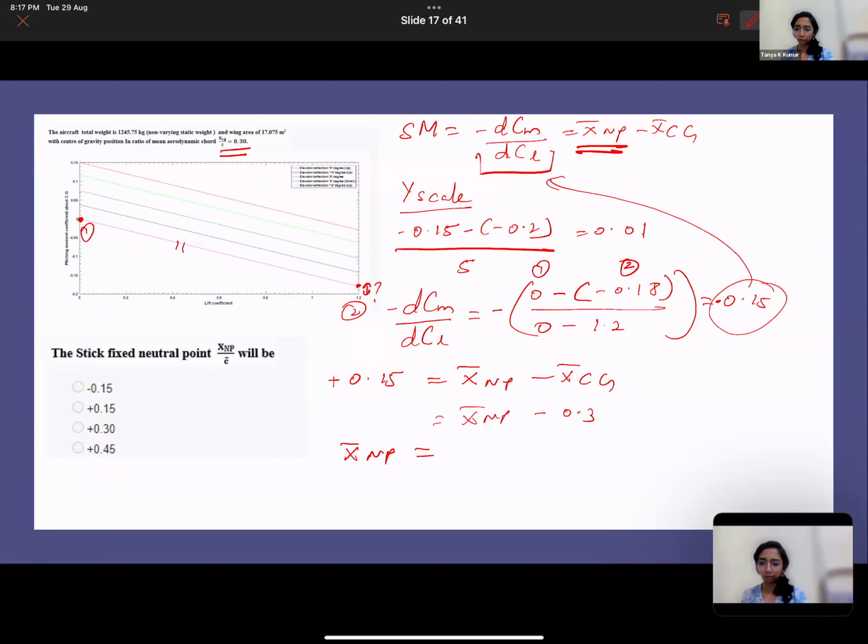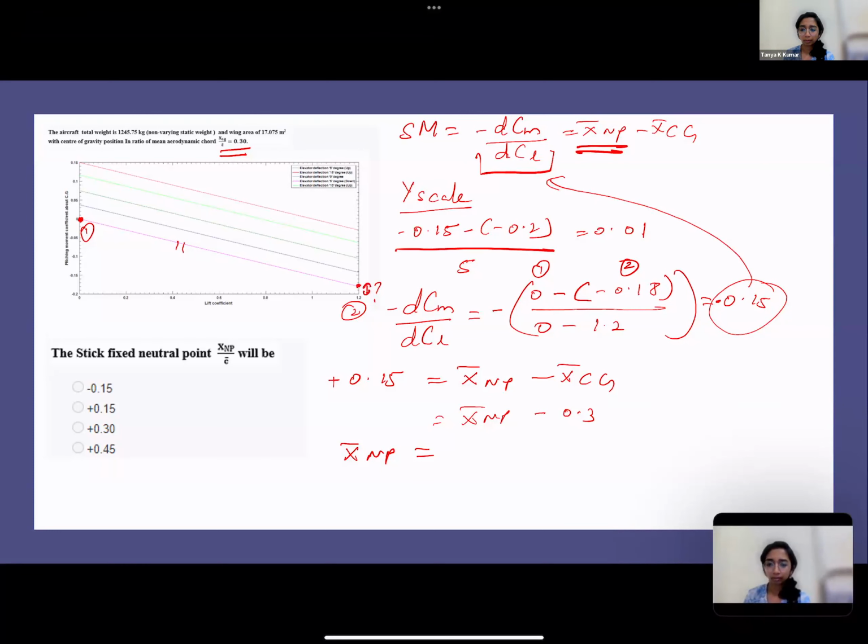Just give you a minute to solve that. Just tell me. The question is right here. 0.15 is x bar NP minus 0.3. So how much is x bar NP?